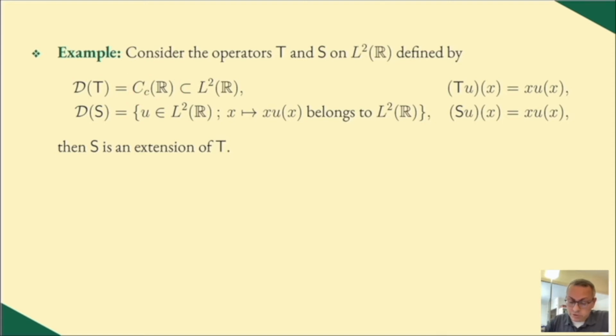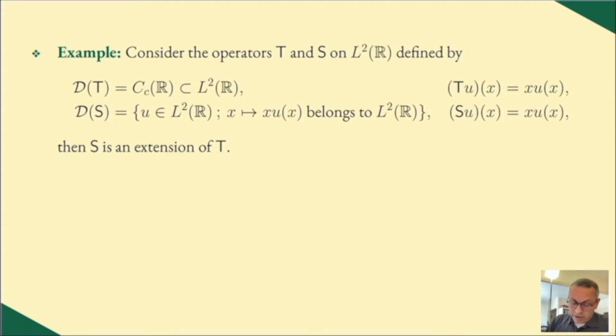Of course it's a subset of L2(R), it's even dense in L2(R), and its action on a function is simply given by multiplication by x. This is a very simple example of what is called a multiplication operator. Of course it's well defined, because if u is continuous with compact support, x u(x) is also a continuous function with compact support, and therefore it's in L2.